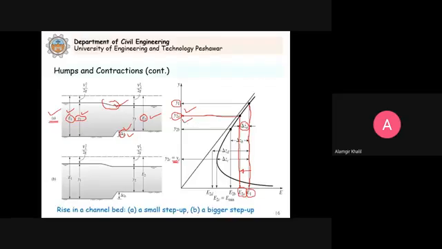Now what we do is that we further decrease. In case B, we further decrease the specific energy by increasing this here. You see that delta ZB is greater than delta ZA. So there will be a further decrease in the specific energy.